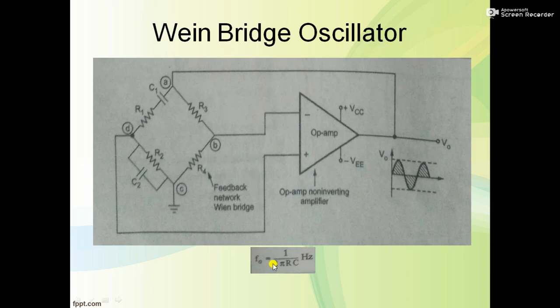Based on this concept, the frequency of oscillation generated by this oscillator is calculated by 1 upon 2 pi R into C.